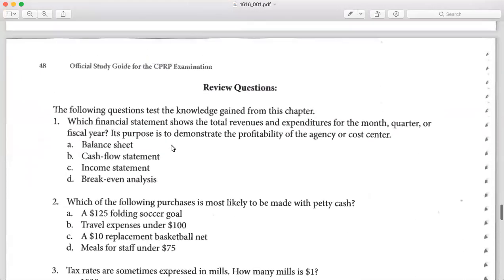Okay, next question. Which of the following purchases is most likely to be made with petty cash? You have a folding soccer goal, travel expenses under $100, a $10 replacement basketball net, or meals for staff under $75. Go ahead and put your answer in.